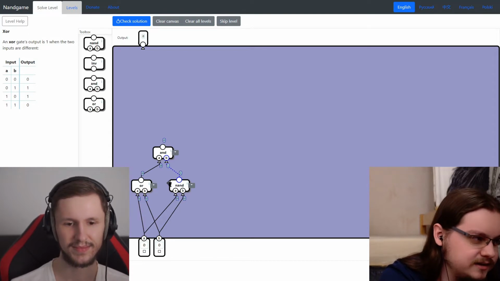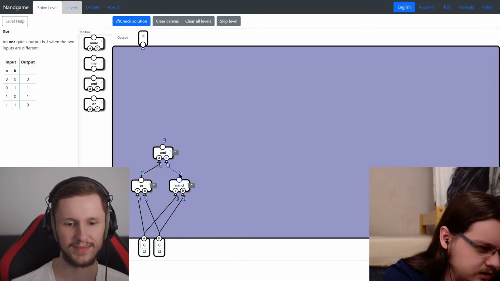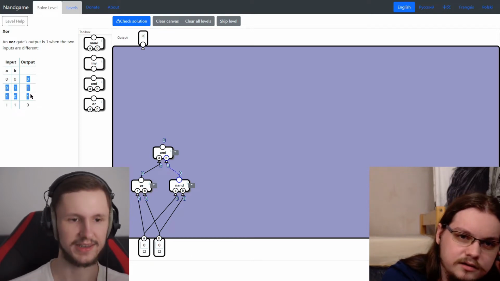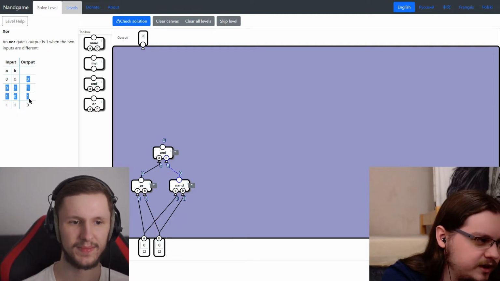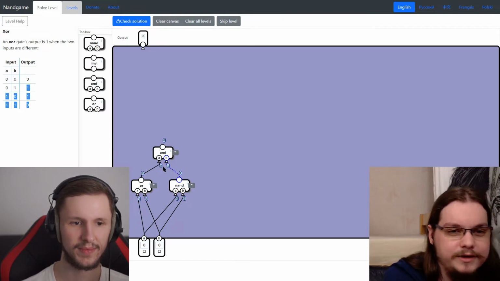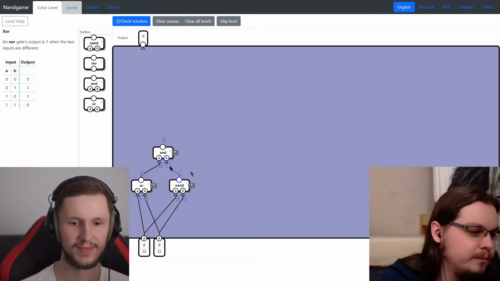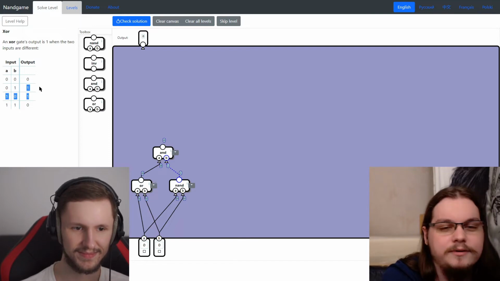The NAND outputs 1 in those first three cases, and the OR outputs 1 in the last three cases. And the AND only outputs 1 if both the NAND and the OR output 1, which is the overlap in the middle too.